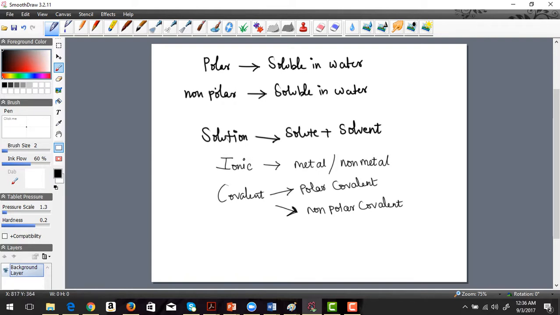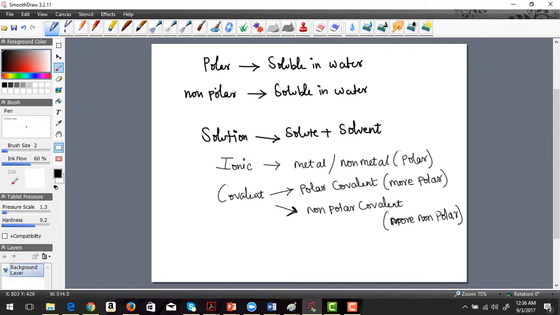Ionic is soluble in water because it's polar. Polar covalent is more polar, and non-polar covalent, as you guessed it, is more non-polar. And all this is governed by your electronegativity and bonding. So that's what we're going to learn.